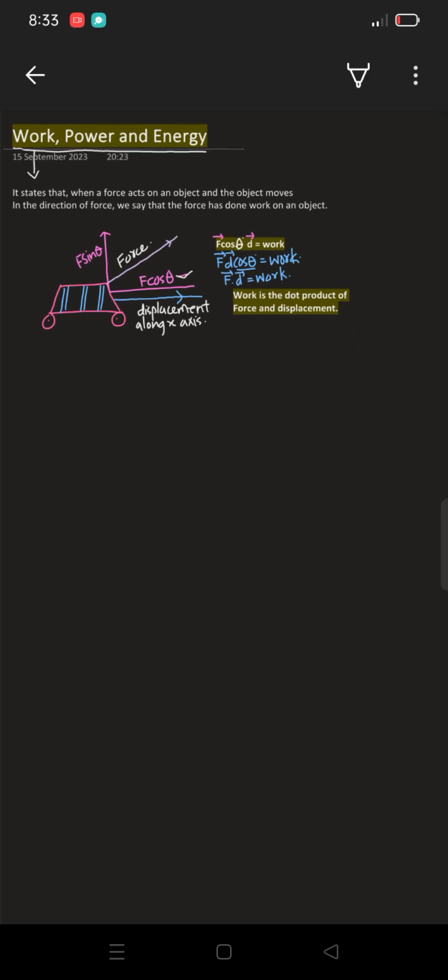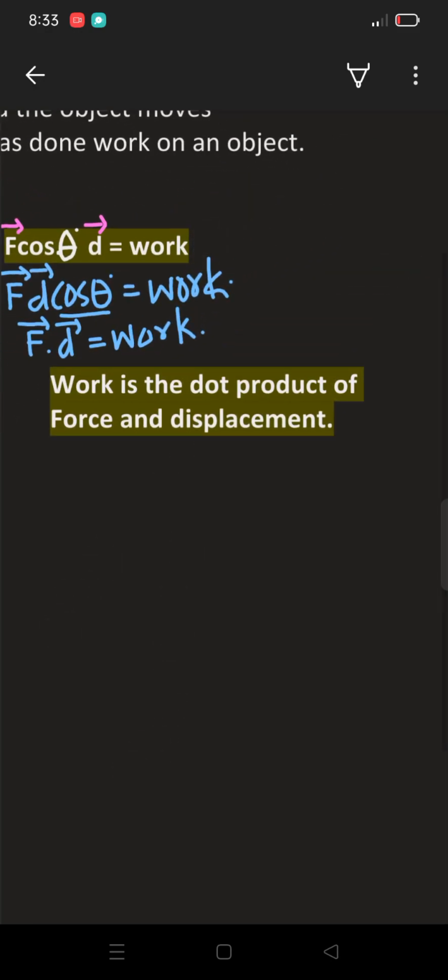Now let me tell you what this dot product means. When I have vector quantities, I know what vector quantities are. Vector quantities are those quantities which have magnitude and a particular direction, and the quantities which follow the vector law of addition are known as vector quantities.